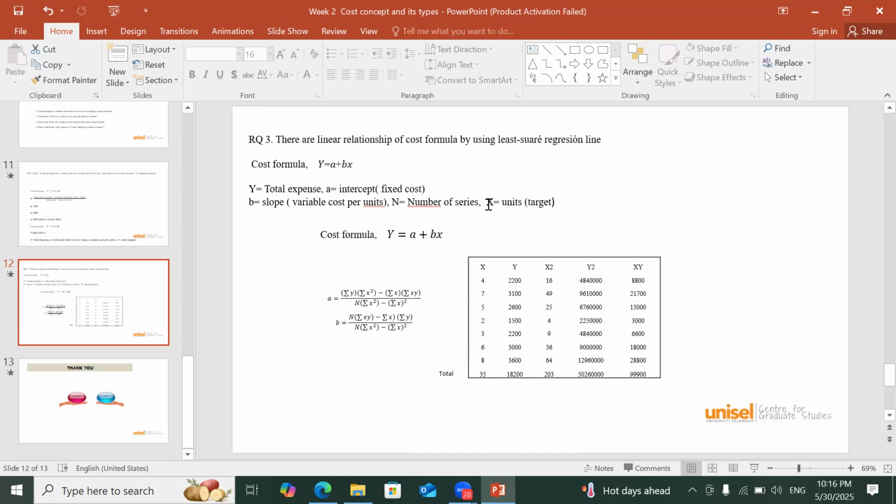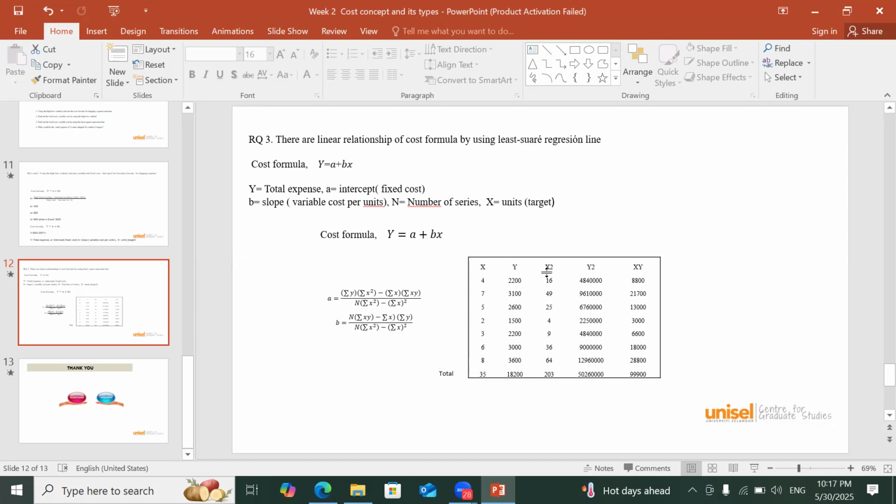Now the question: why do I put x, y, x square, xy? Because our formula shows x, y, x square, y square. So I let this unit line be x, and I consider the expense line as y.